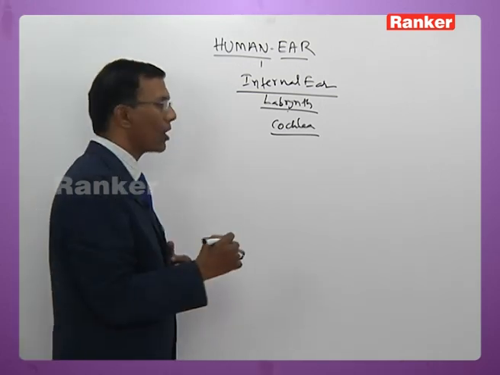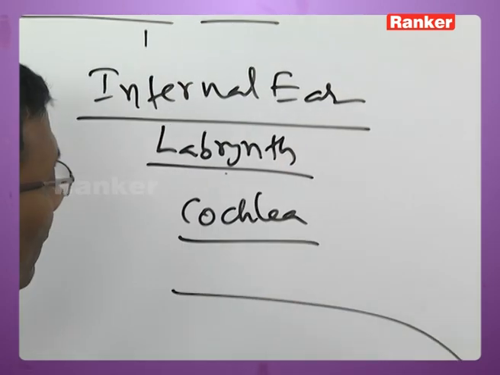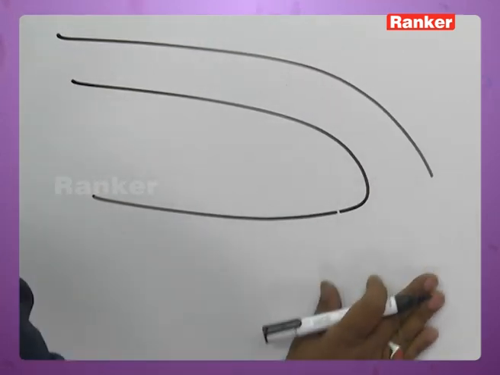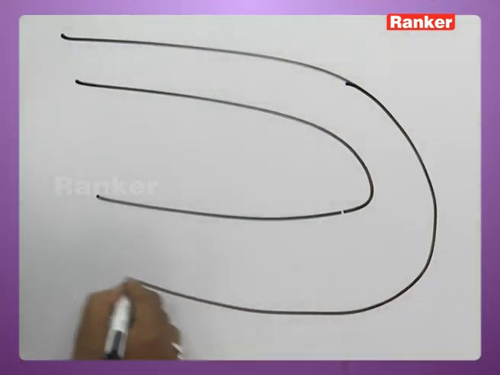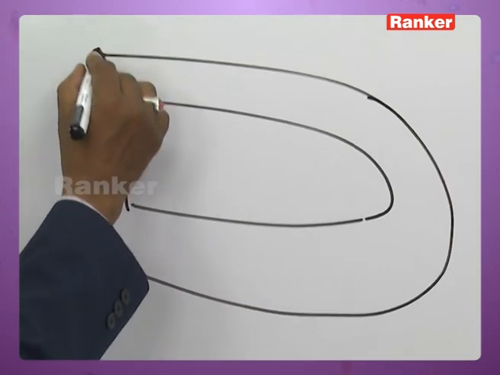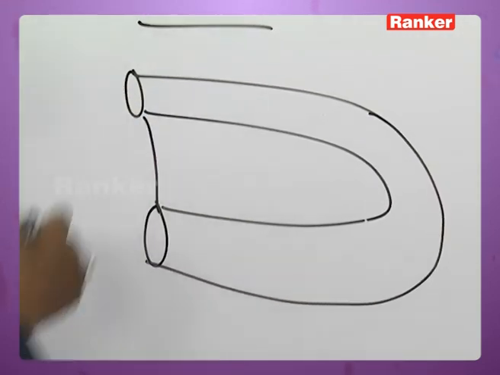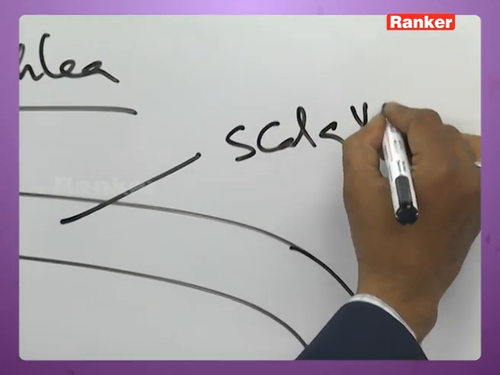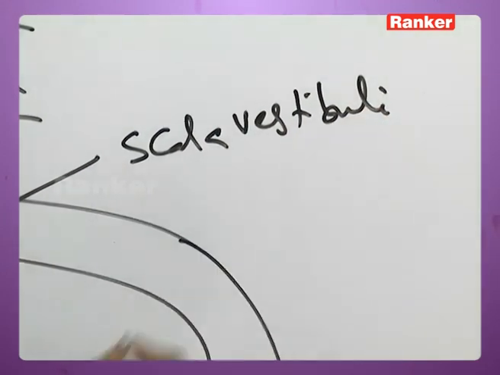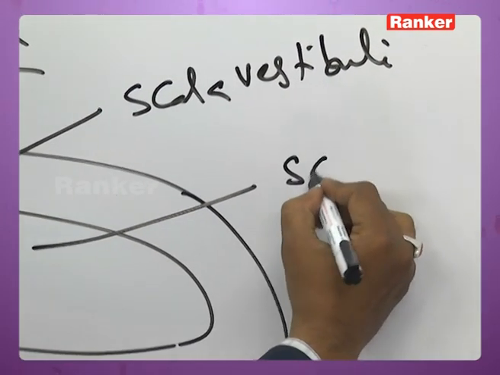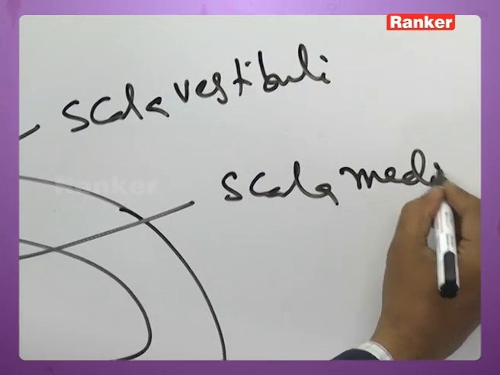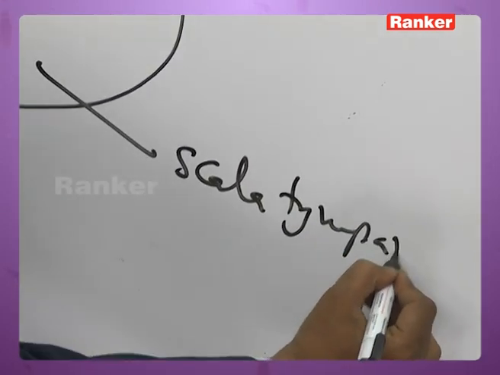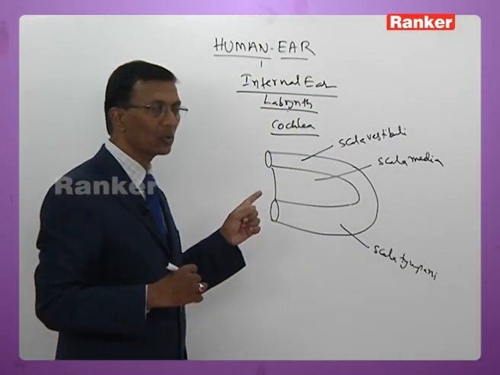When you take cross section of the cochlea, it consists of three tube-like structures, where the upper one is called scala vestibuli, the middle one is called scala media, the inner one is called scala tympani. So it has got 3 tubes here now.